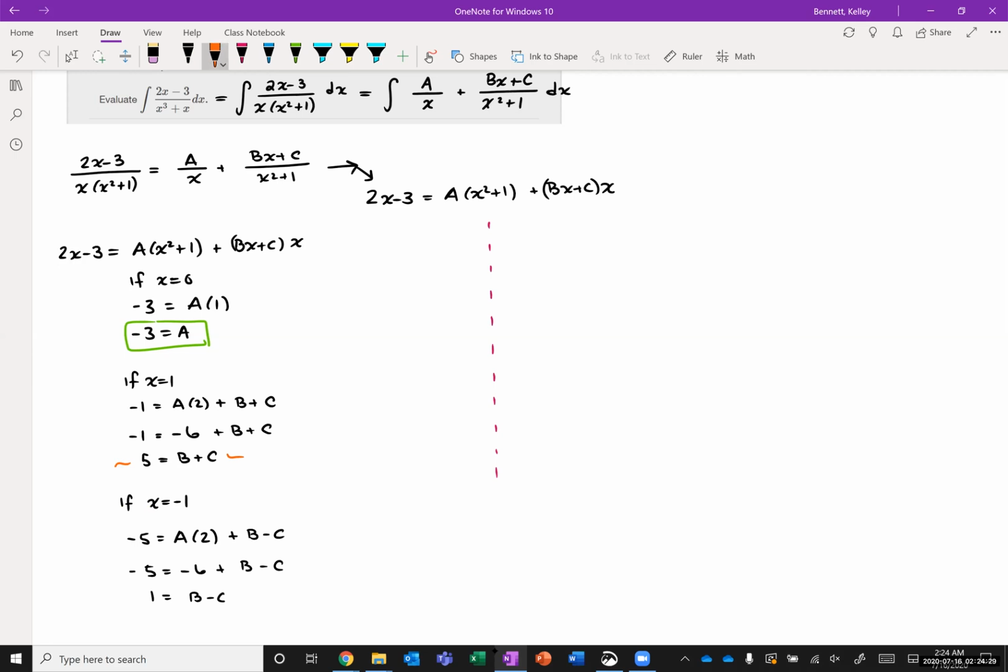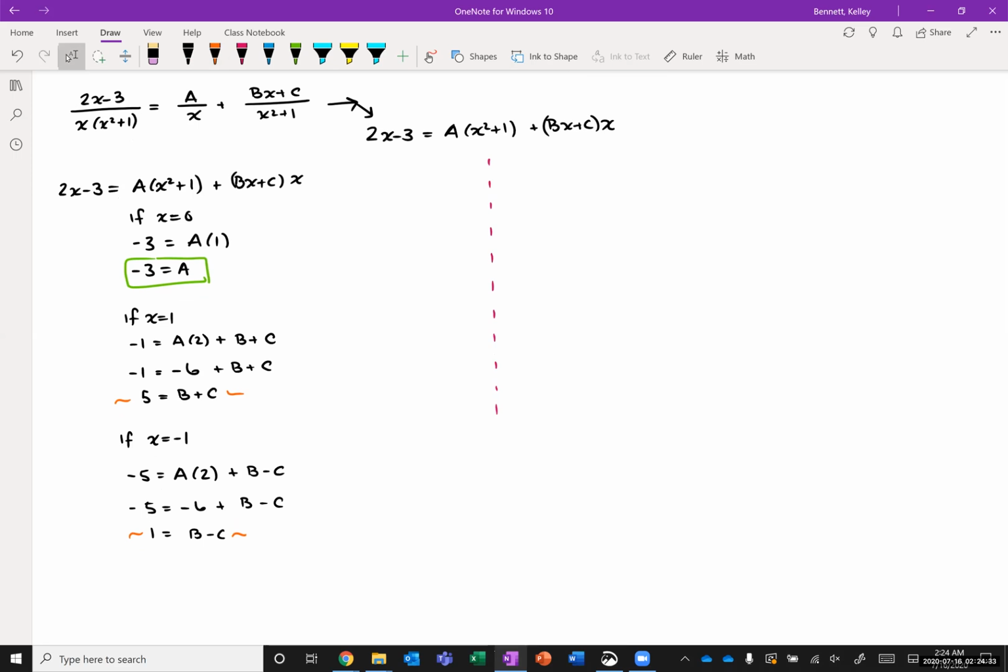And so now I have this system of 2 equations and 2 unknowns. So what I do is I just add them together. 5 equals b plus c, 1 equals b minus c. If I add them, I get 6 equals 2b, so that 3 equals b, which would then imply if b is 3, then c ought to be 2.